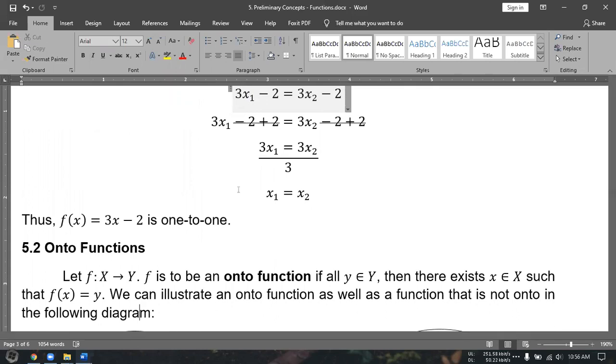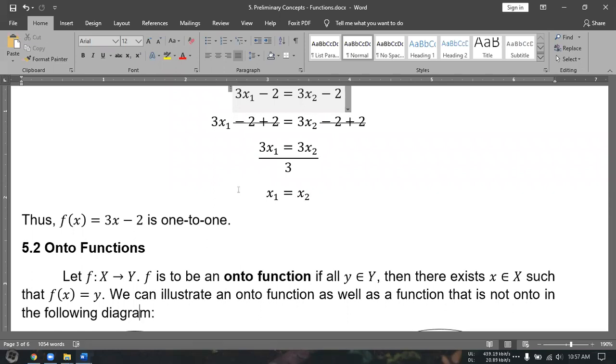If f is to be an onto function, if all y, an element of y, then there exists x, element of x, such that f of x is equal to y.